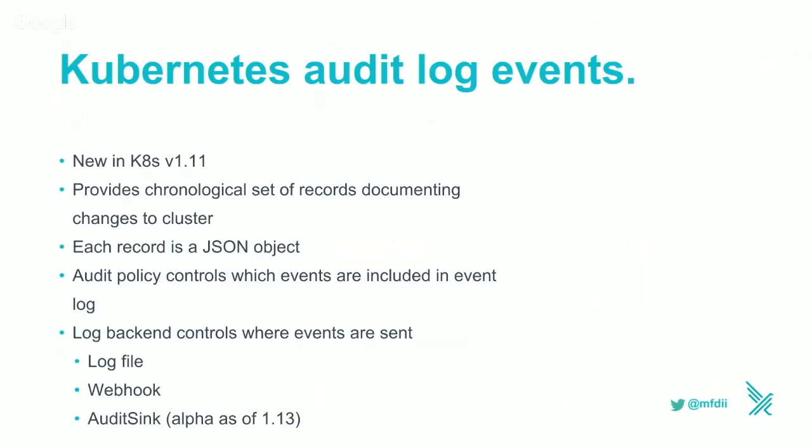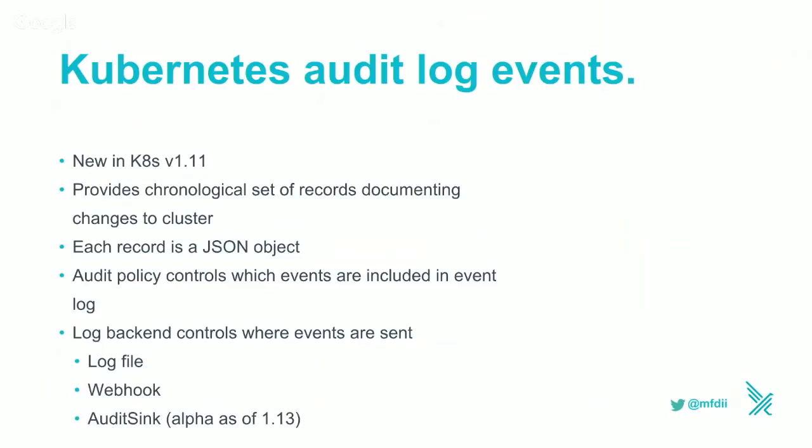And then there's a new feature that's alpha as of 1.13, which is called audit sinks. This allows you to dynamically configure this. One of the limitations is that in something like GKE or AKS or EKS, these managed services around Kubernetes, you don't get access to the master, so you can't go and make changes to enable this in that cluster.